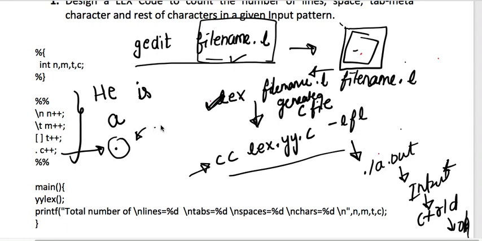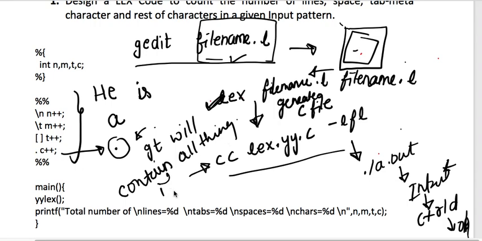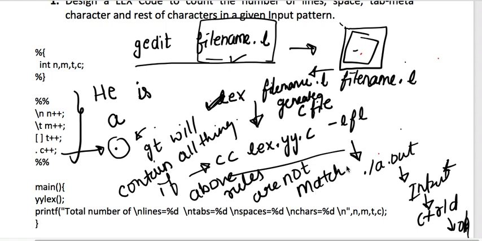Dot means it will contain all things if the above rules are not matched. So h will be counted here as a c. So what it will do, it will increase 1 in the c. Okay, c will become 1.